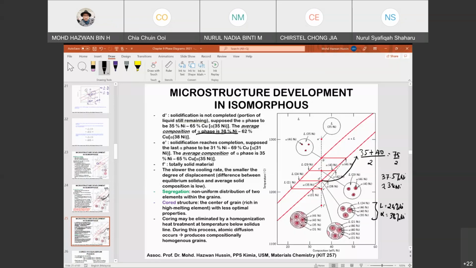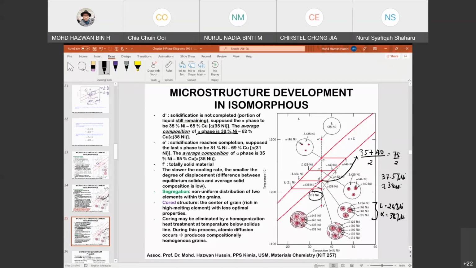Normally, if we say that it is in the solid phase, then the composition will be equal to the initial composition, which is the C prime, which is 35. But in this case, because we are talking about non-equilibrium cooling, then the alpha is still considered almost completed. Then alpha is still to be read as 31.